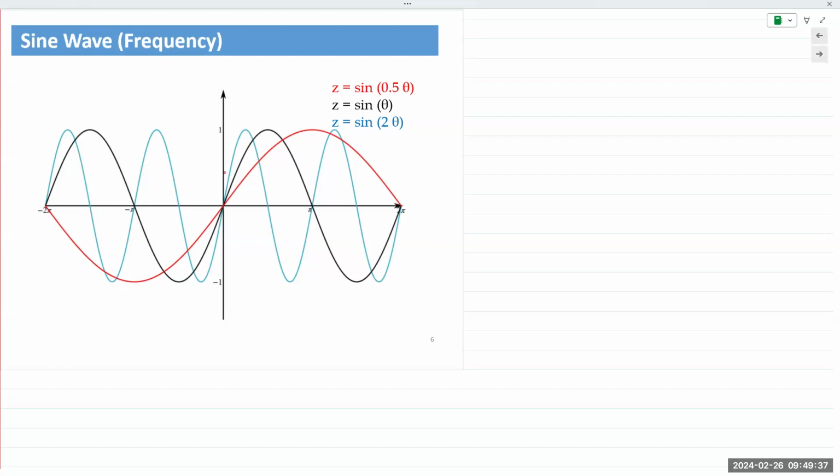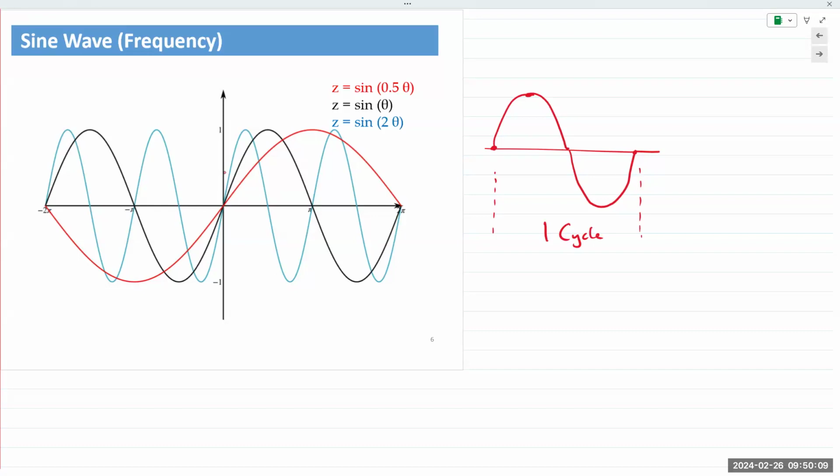So when a waveform starts at 0, goes to a positive peak, comes back to 0, goes to a negative peak, and then returns to its original starting value, that is known as one full cycle.